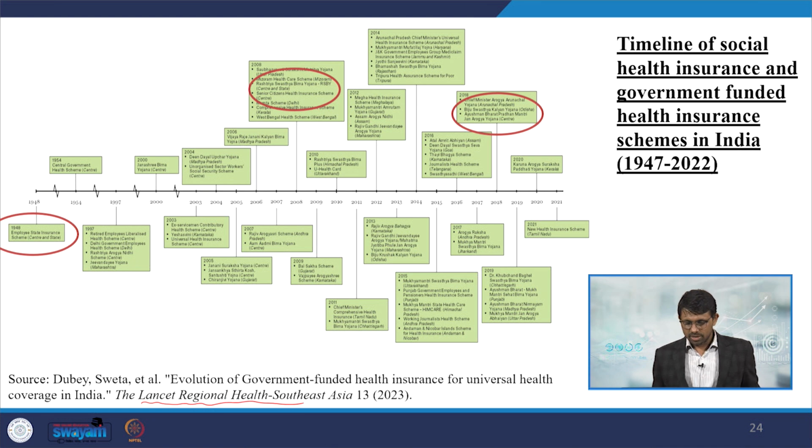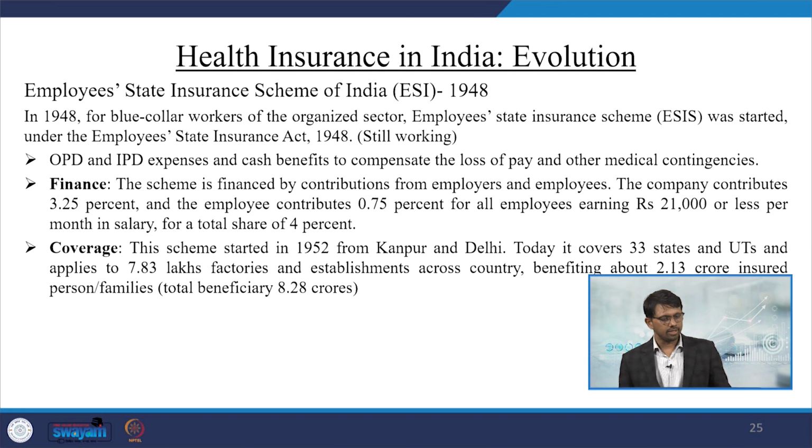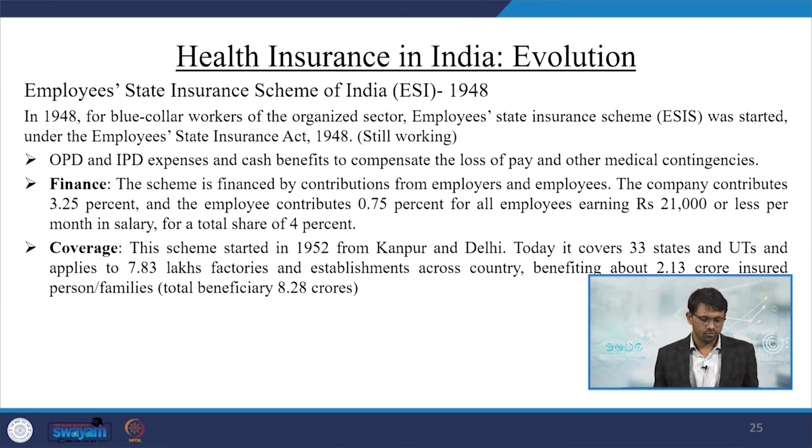Similarly, we are also emphasizing other schemes over time, and to mention a few, we have explained here the Employees' State Insurance Scheme of India, 1948, which is for the blue-collar workers of the organized sector. It was started under the Employees' State Insurance Act 1948, and this is still working.